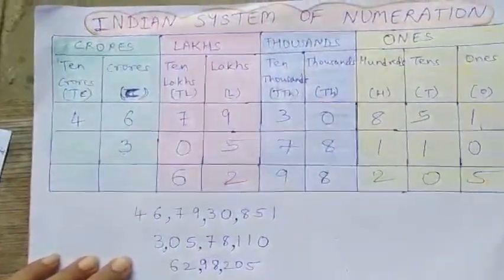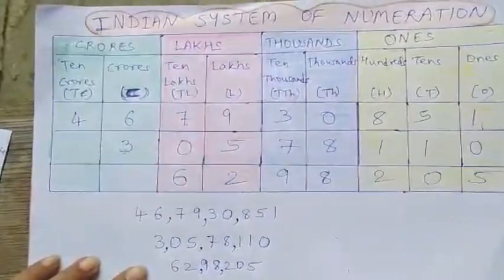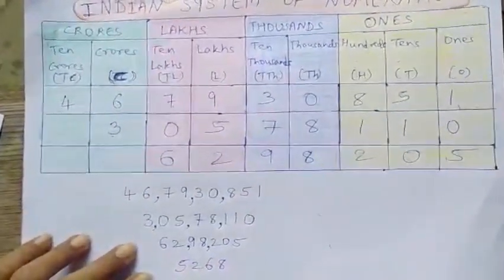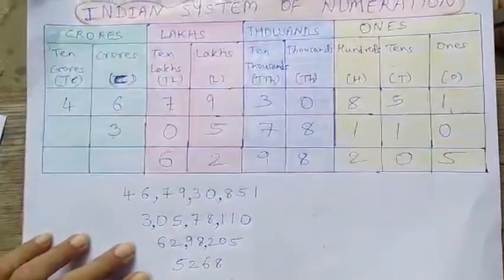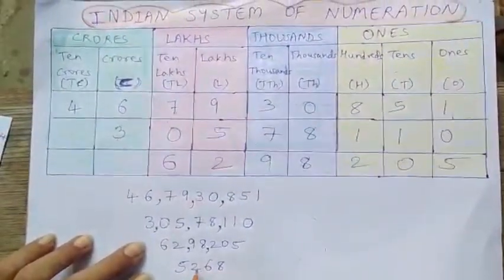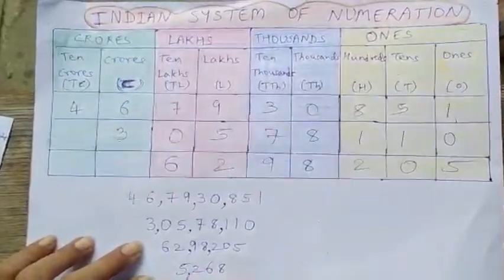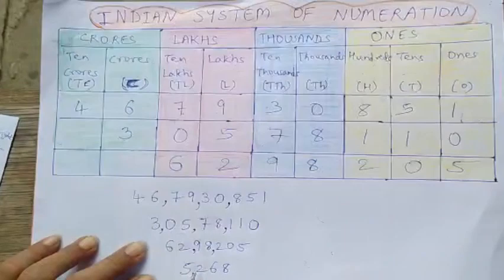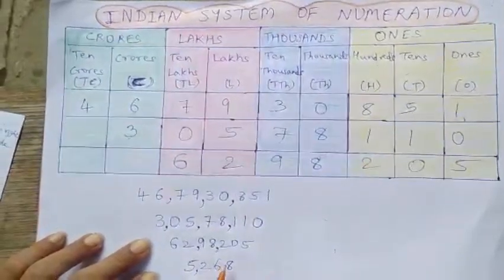Now one more example we will consider. Now we will try to put commas. So before 3 digits, I will put a comma here. I'll try to read this number, 5,268.